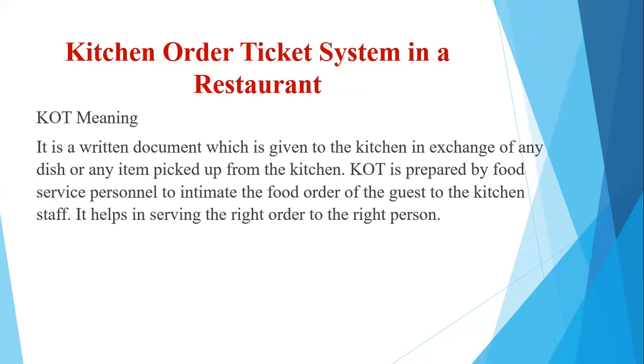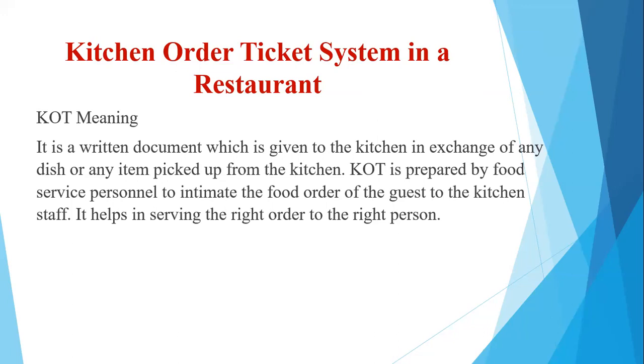Okay, so a kitchen order ticket is simply the order that the customer places. Now the server takes the order, and punches it into the POS system. The POS system then prints a ticket via compatible printers. Now this printed ticket is then sent to the kitchen, and all the menu items or dishes that are ordered are retained inside the POS.